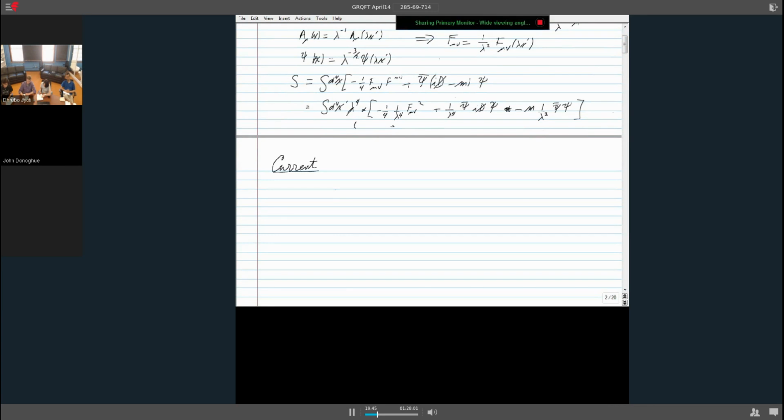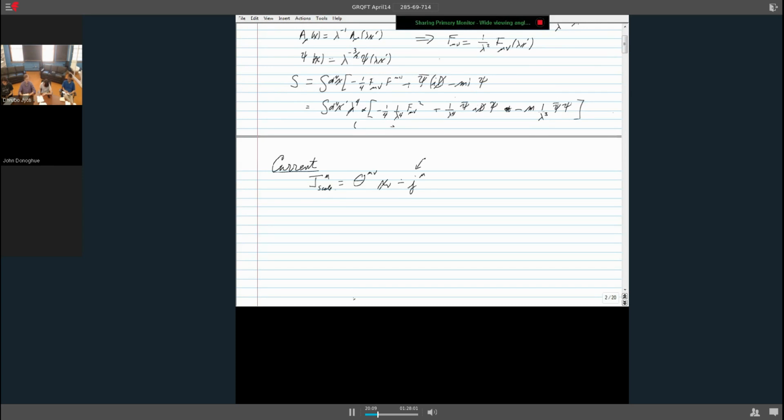Okay, so the rescaling F squared is invariant, psi bar D slash psi is invariant, but the mass term breaks the invariance. So associated with that there should be another current. Okay, so there should be a current associated with that.